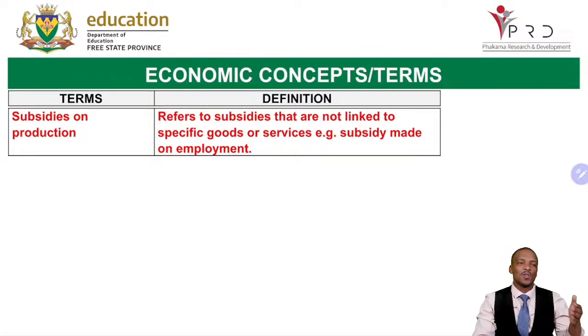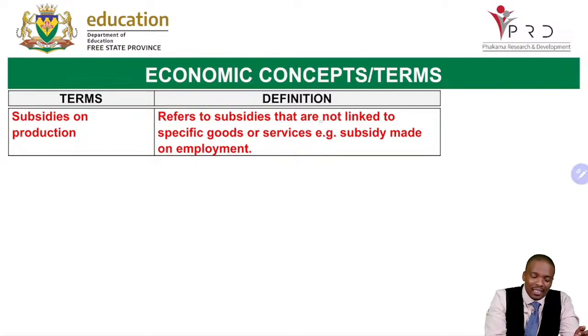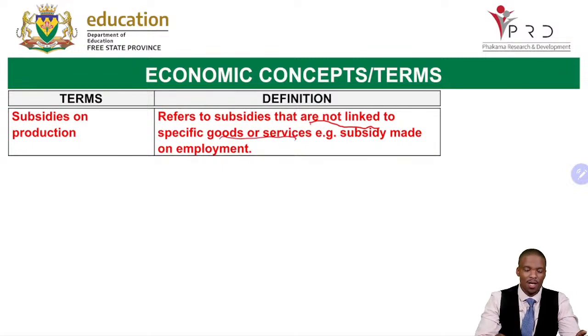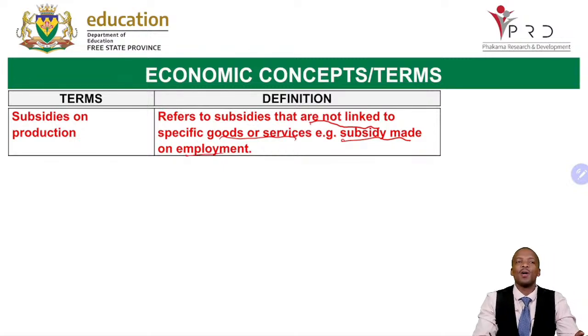So we need to understand what kind of subsidy we are referring to here. We're looking at subsidies on production, which refers to subsidies that are not linked to any specific good or service.